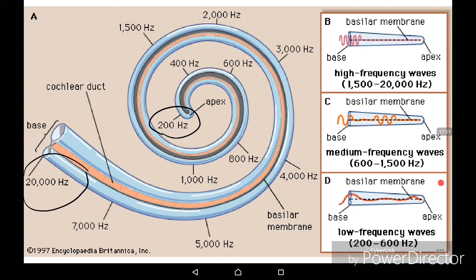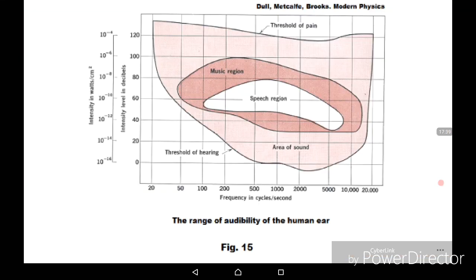These sounds produce stimulation of the hair cells at the apex of the cochlea. So by such distribution of the hair cells that are responsible for different frequencies, we may differentiate the sounds of different frequency.